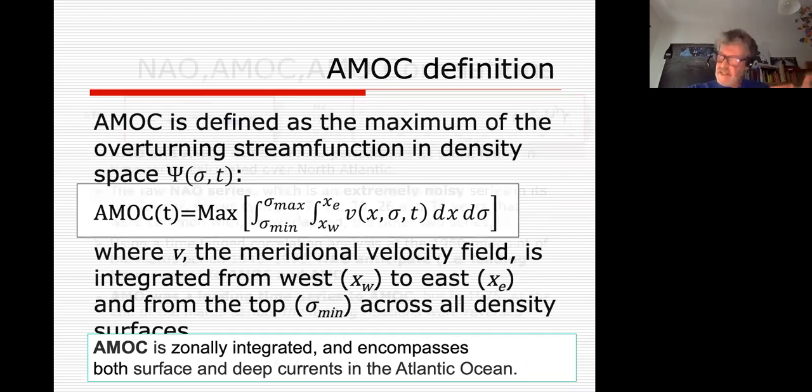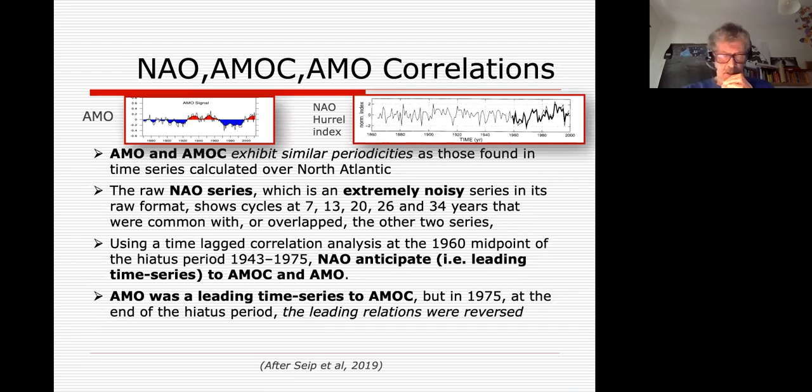We saw that circulation is quite complex, but if you reduce it to one number, you can have a similar value that can be compared, for example, with the AMO and so on.